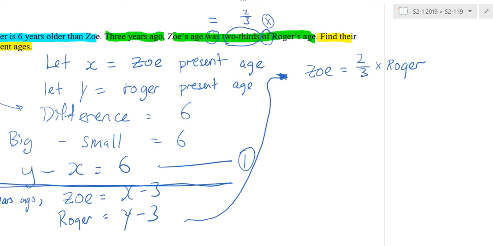So I write x minus 3 is equal to 2/3 times y minus 3. Zoe is x minus 3, 3 years ago. Roger is y minus 3, 3 years ago. Is this okay?